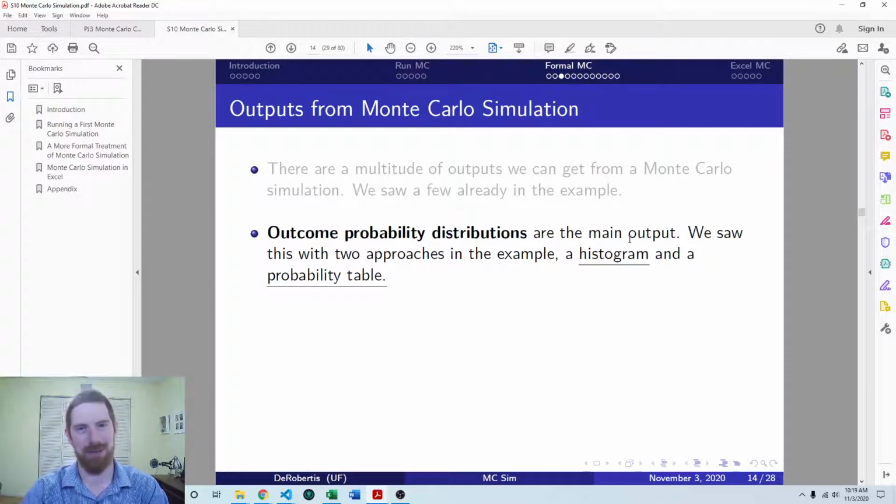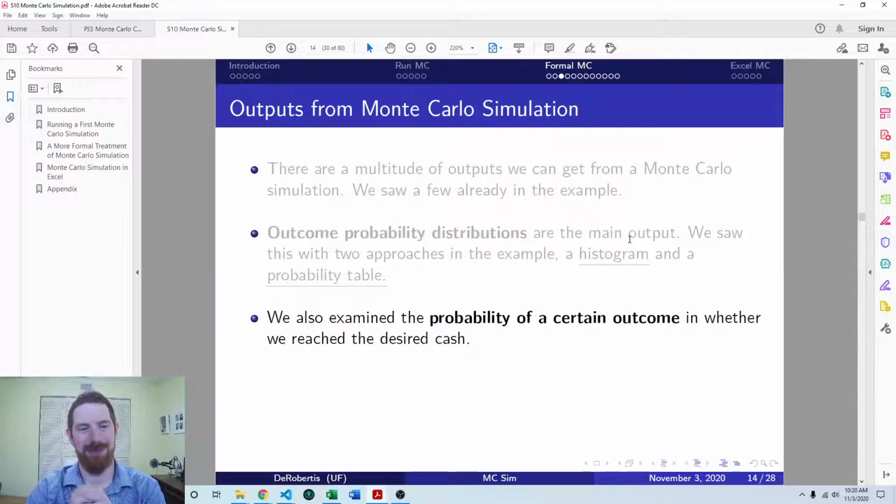One is a histogram over all the results, and the other is a table of the probabilities: the percentiles of the probability distribution and the value of the variable at that percentile. In the investment returns example, that was saying that in 45% of cases we got less than $1,020, and having that for a range of different percentiles.